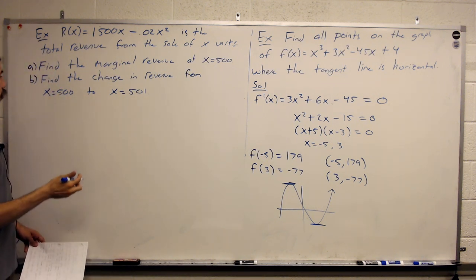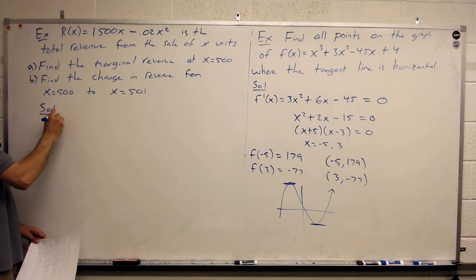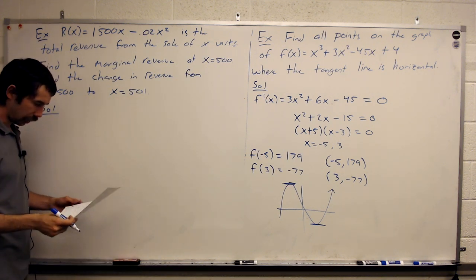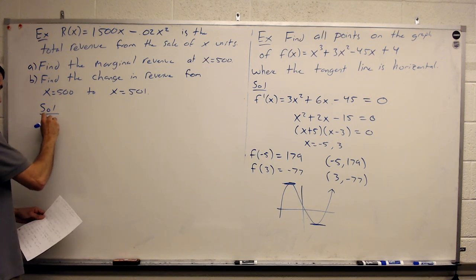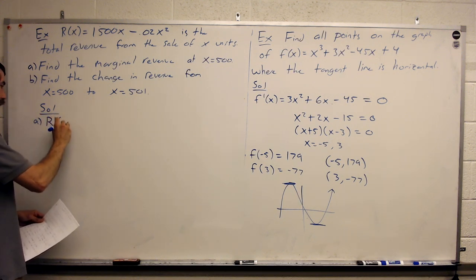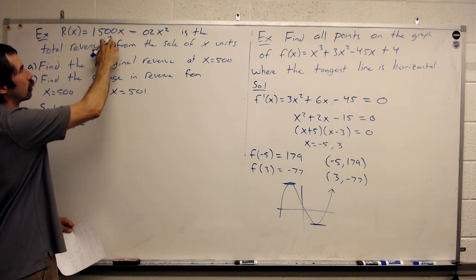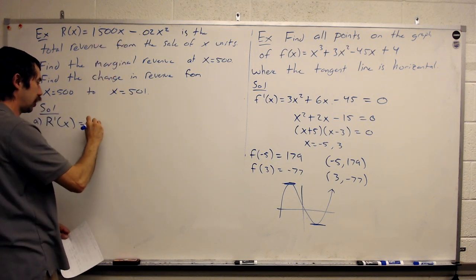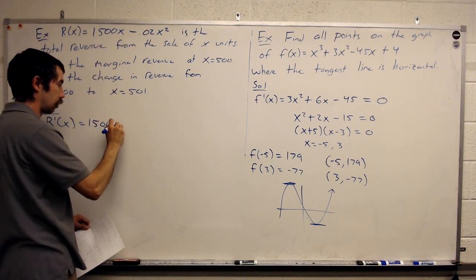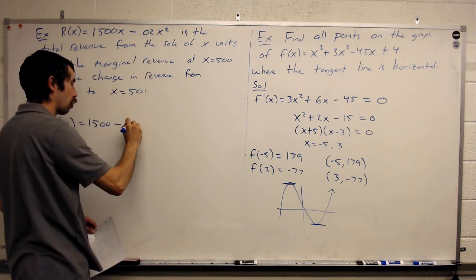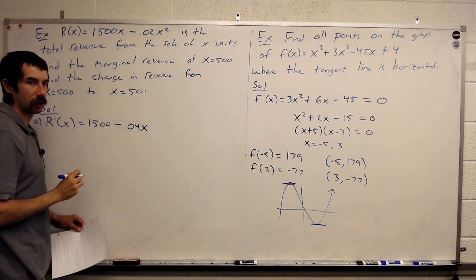All right, so marginal revenue is the derivative of our revenue function. So this is R prime of x. What is the derivative of our revenue function? Derivative of 1,500x is just 1,500. Minus, we bring the 2 in front, 0.04x to the first.